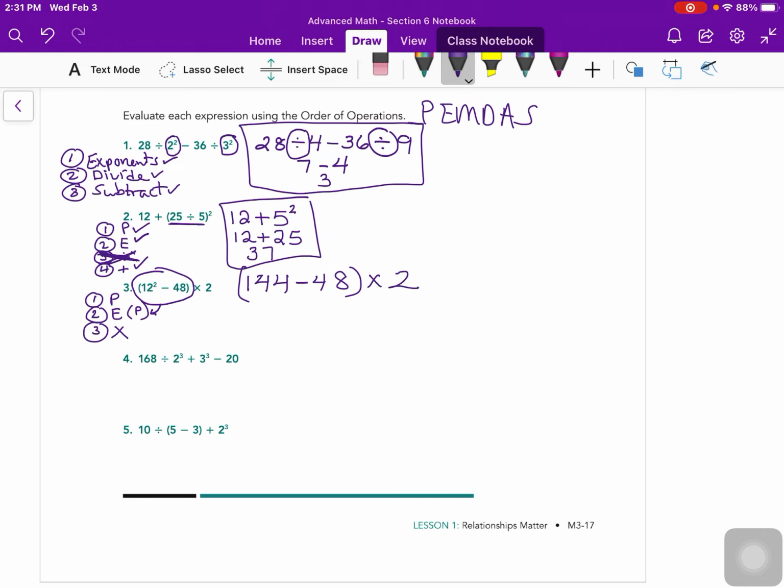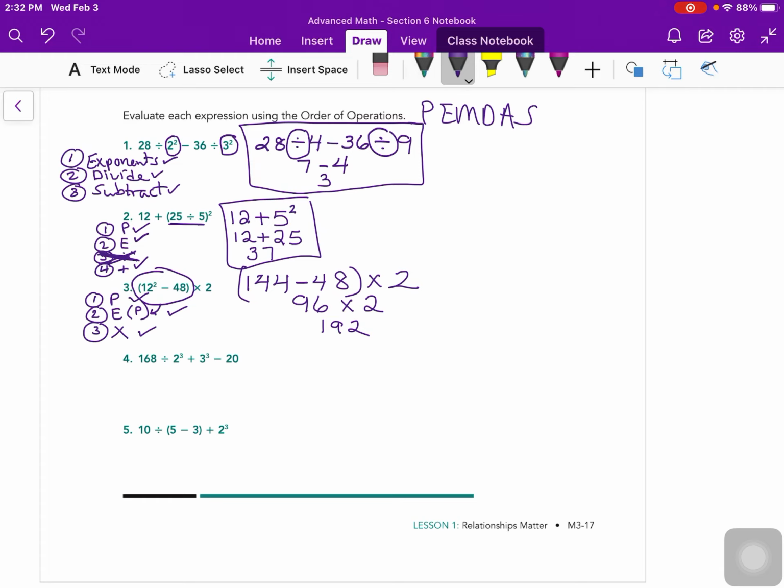So I'm still going to keep my parentheses because I had to do that exponent in there first. All right, so then 144 minus 48 gives me 96 times 2. So now I'm done with the parentheses, I'm done with the exponent. My last thing to do is 96 times 2, and 96 times 2 is 192.